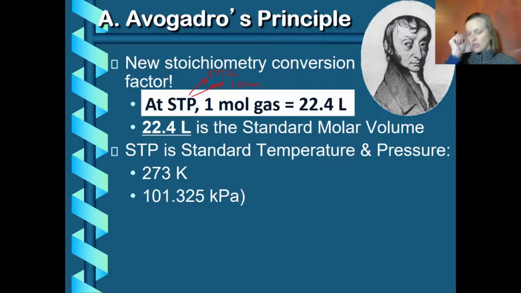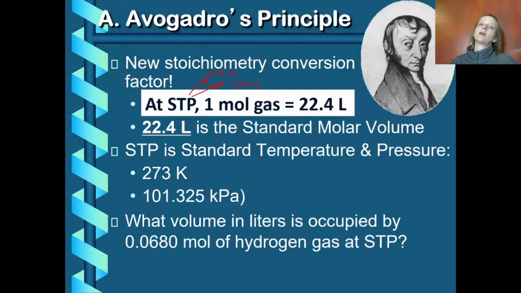Again, STP, standard temperature and pressure, is 273 Kelvin and 1 atmosphere of pressure, or if you prefer kilopascals, 101.325 kilopascals. And you can use this conversion factor to do dimensional analysis, stoichiometry involving gases, and finding out how much volume is produced.